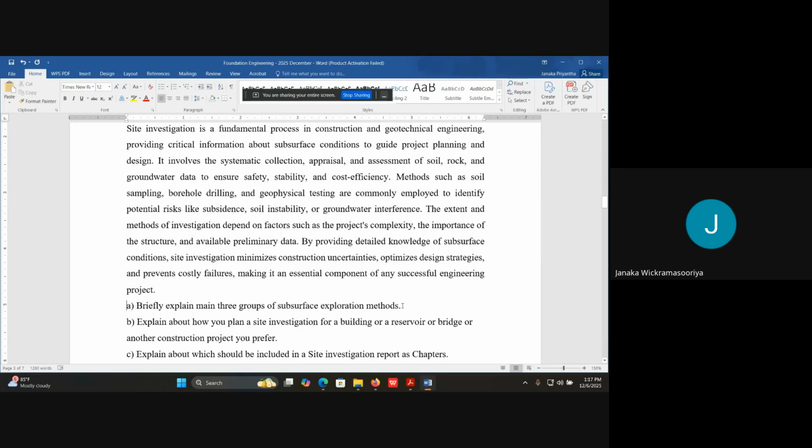So what they ask is, what are the basic subsurface exploration methods? Basic three. So can you remember? What are the three methods or three groups or three types of subsurface exploration methods? Yes, if you cannot remember, please go through the notes and please tell me.